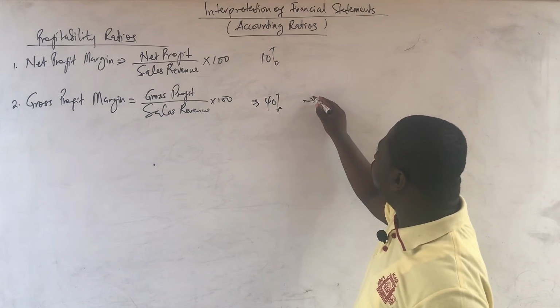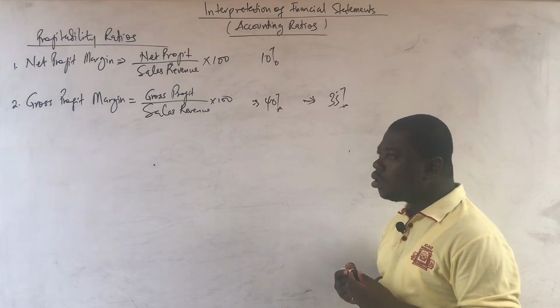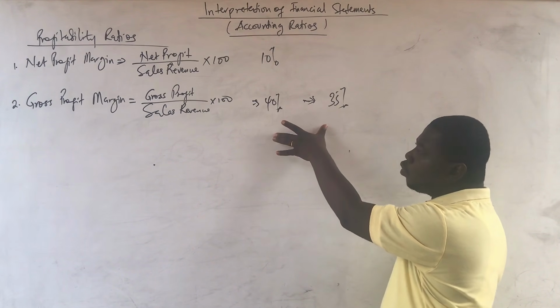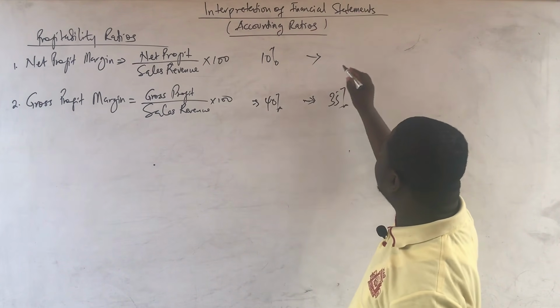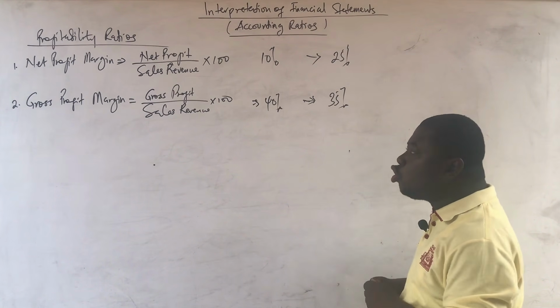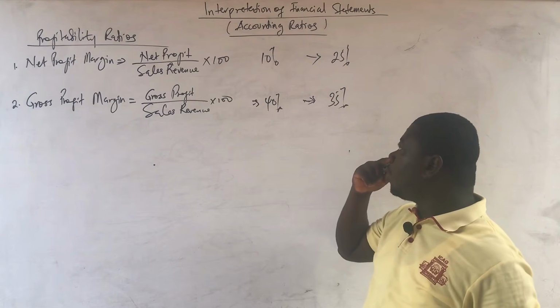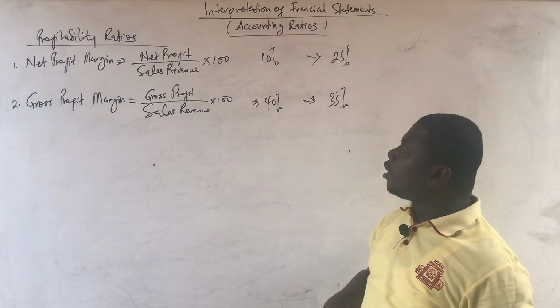So if your industry has a gross profit margin of 35%, then it means that you are doing better than your competitors when it comes to gross profit. But let's assume that the same industry has a net profit margin of 25% as the average. So you are doing well in terms of gross profit, but when it comes to net profit margin, you are doing very poorly.